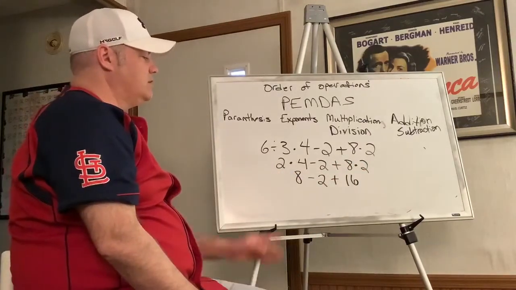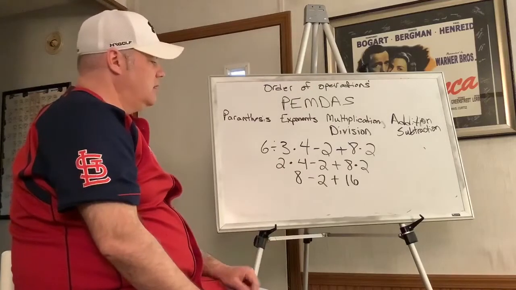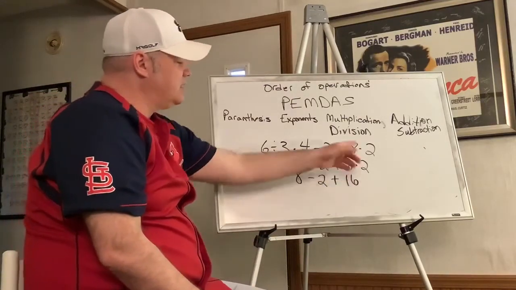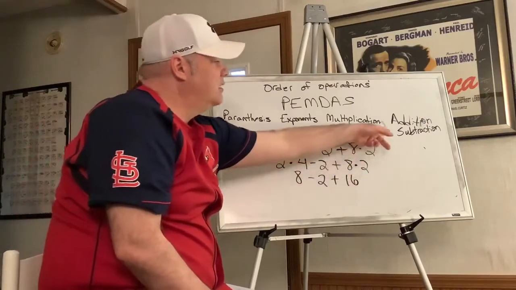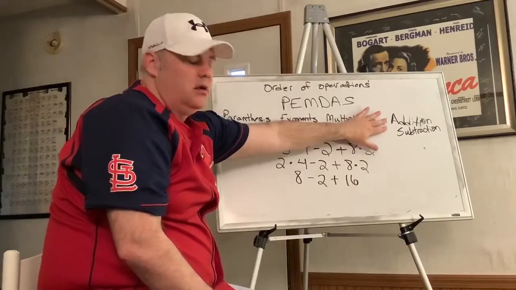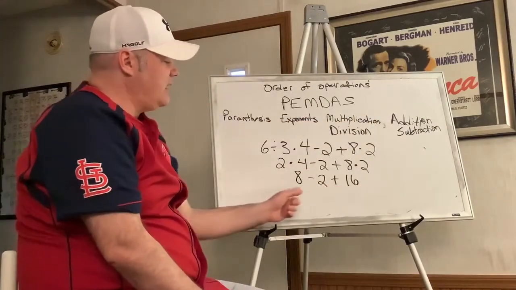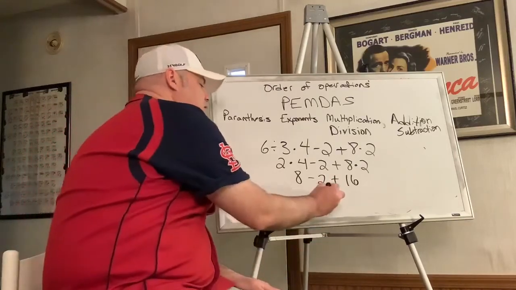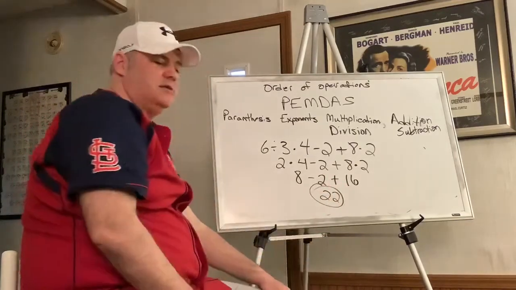Okay. So I did my multiplications. I didn't do the subtraction or addition yet. Now I'm left with just subtraction and addition. Yes, the subtraction is before the addition left to right, so that means I go left to right. They're a tie. 8 minus 2 is 6, plus 16 is 22. And that is my answer for that one.